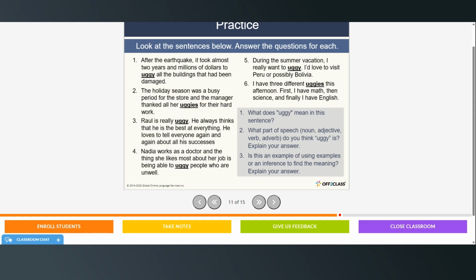During the summer vacation, I really want to Uggy. I'd love to visit Peru or possibly Bolivia. Here, Uggy probably means to travel. Again, this would be an infinitive verb, used as a direct object.